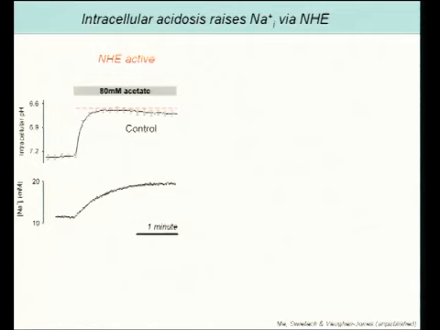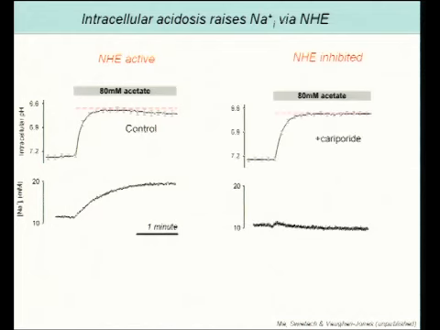Well, if you add an extracellular weak acid, it's a permeant molecule, and in this case we're using acetate. This acidifies intracellular pH and stimulates sodium-hydrogen exchange, and the pH starts to recover. The buffering capacity is very high here, so the recovery looks quite small.